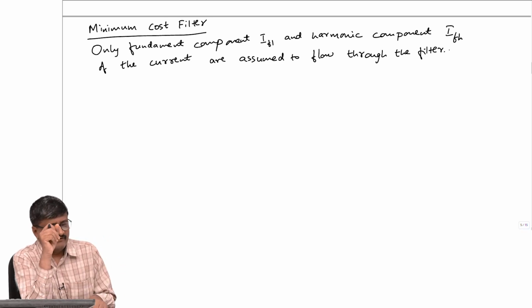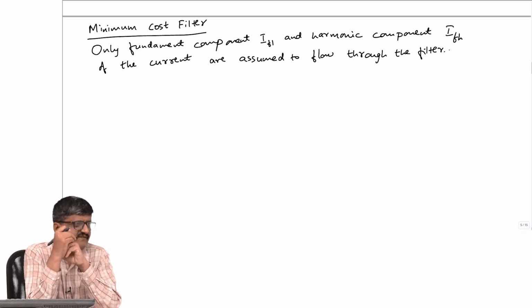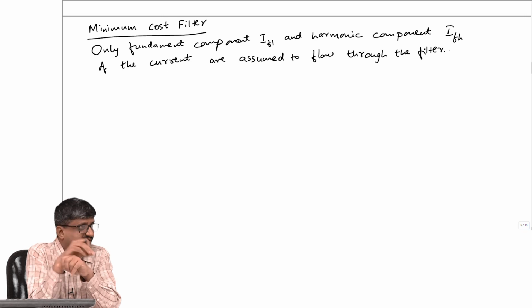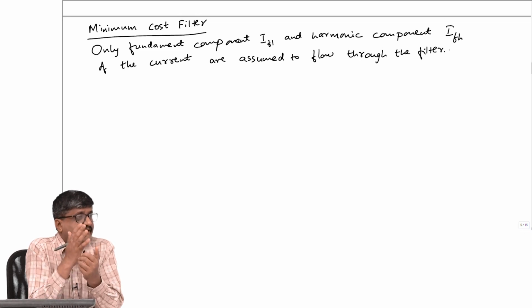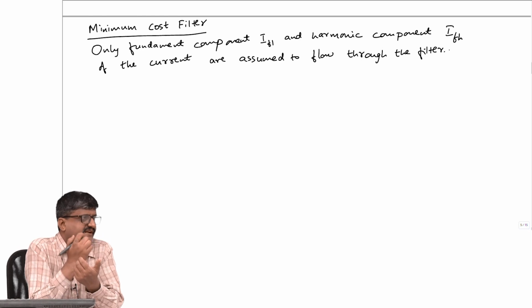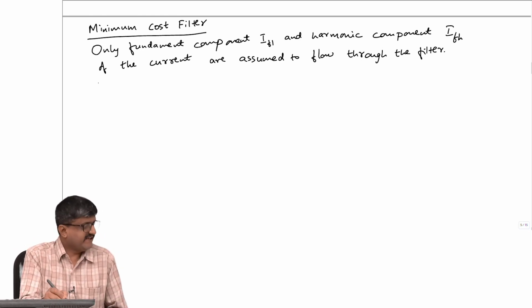Now, if you see the filter, it is essentially L and C. R is something which comes for some reason. So, R is not a very significant part of the filter. So, it is only L and C. When it has only L and C, there is only reactive power. So, the cost of the filter is proportional to the reactive power rating. So, what is the reactive power rating? There is an inductor, there is a capacitor.